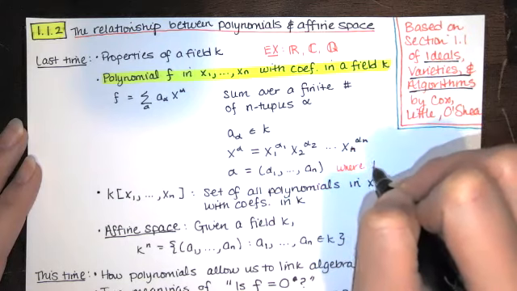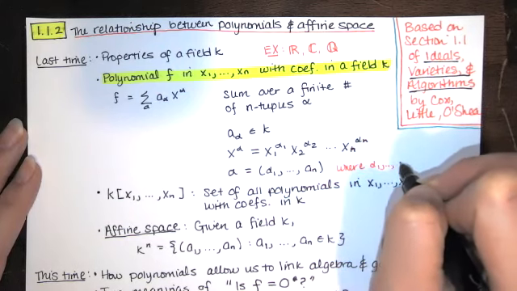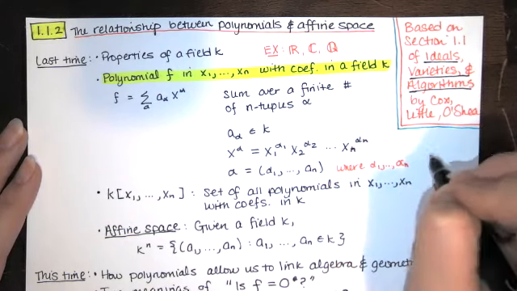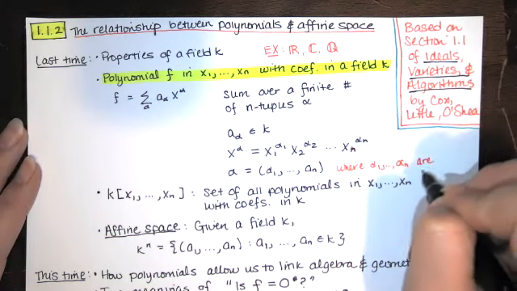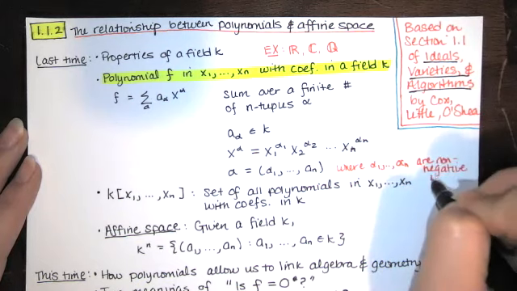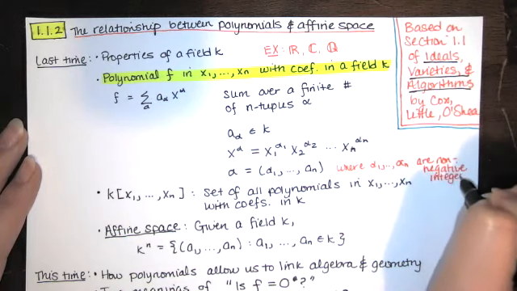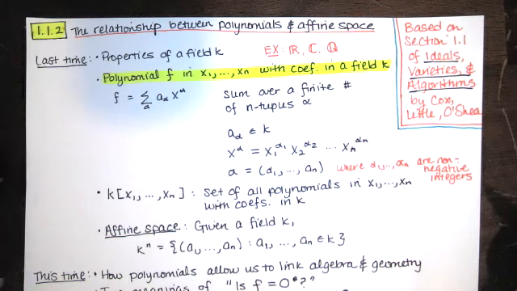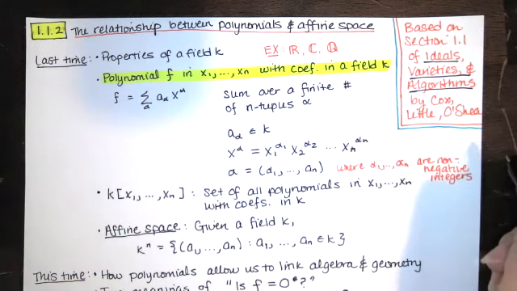And these numbers alpha sub 1 through alpha sub n are non-negative integers. So basically they're natural numbers, counting numbers, 1, 2, 3, 4, and so on, or they're 0.